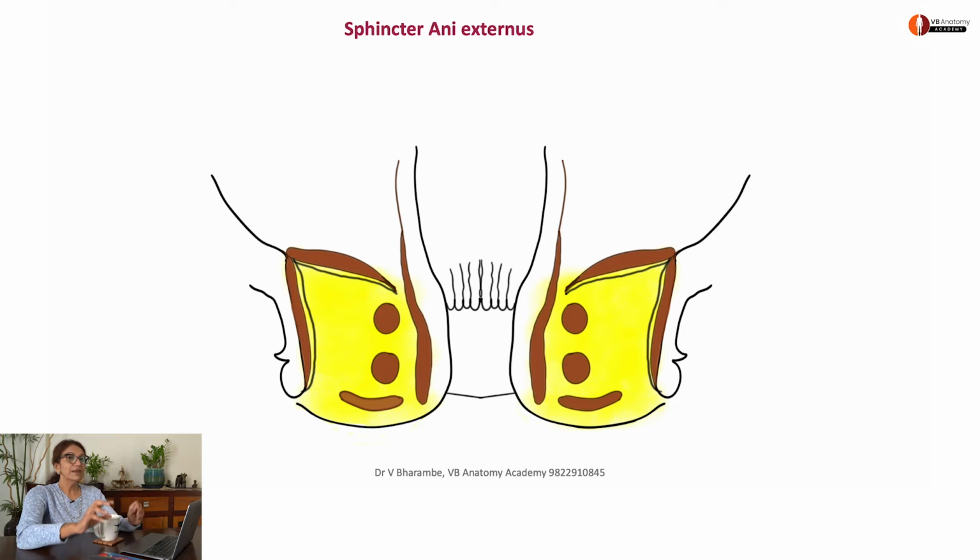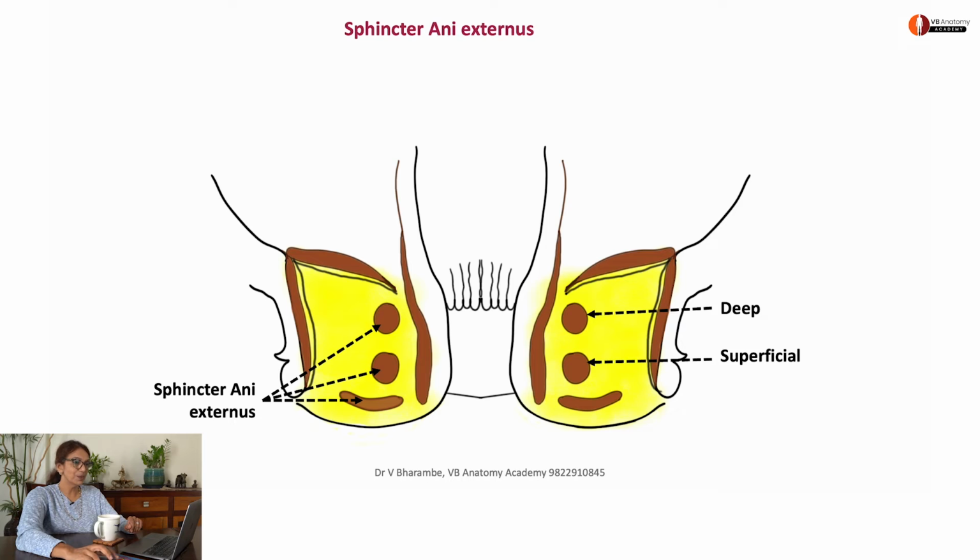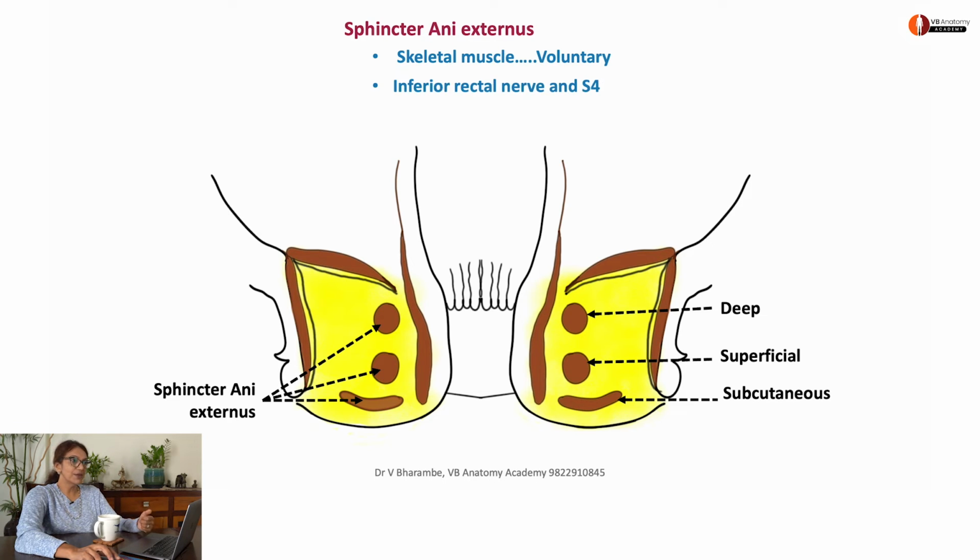This is surrounded by sphincter ani externus, divided into deep, superficial and subcutaneous groups, actually looks like a single muscle. It's a skeletal muscle which is voluntary, supplied by inferior rectal nerve and S4 nerve. And in between them, remember, there's an intersphincteric space which is often explored by surgeons in various surgeries.